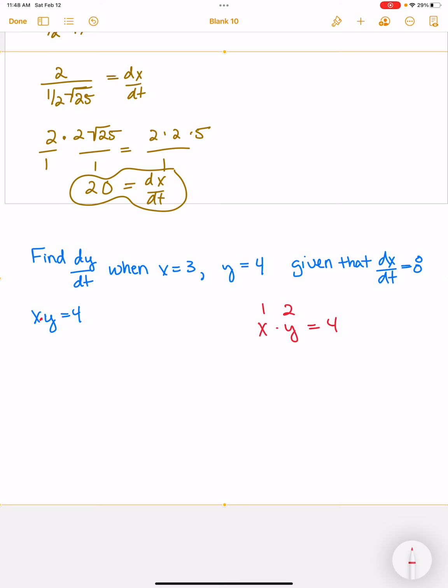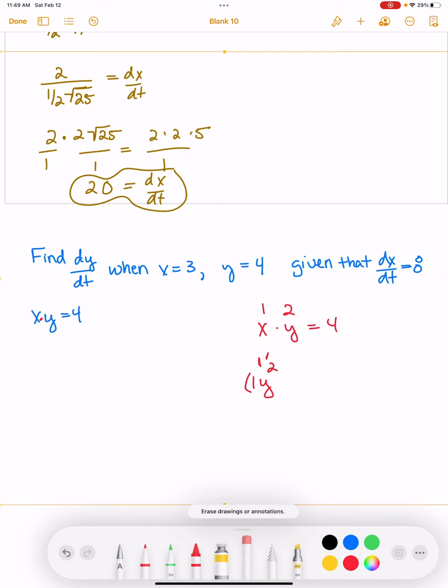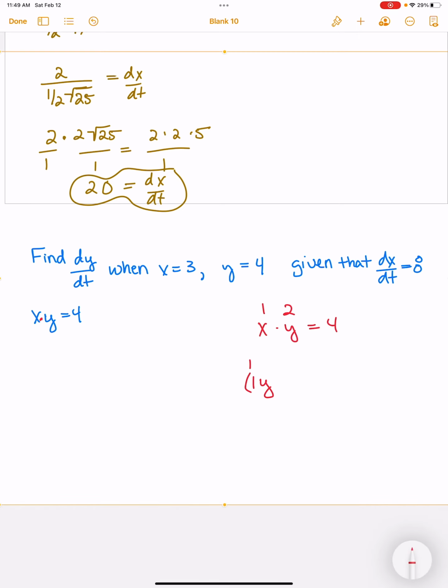We would say the derivative of the first, which would be 1, times the second, just how he is, plus, when we're using the product rule we use a plus, the first, just as he is, times the derivative of the second, which is 1.